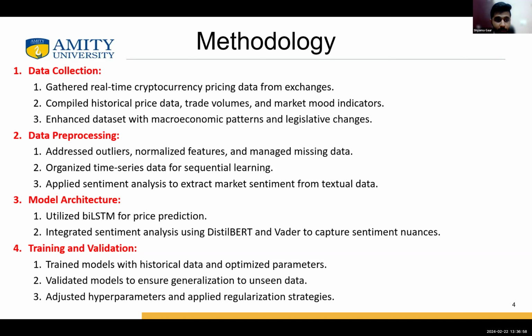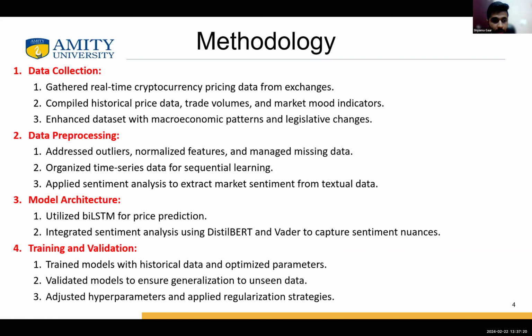The second main step was data pre-processing. We addressed all the outliers, normalized various features, and managed the missing data, organized time series data for sequential learning, and also applied sentiment analysis to extract market sentiment from textual data.